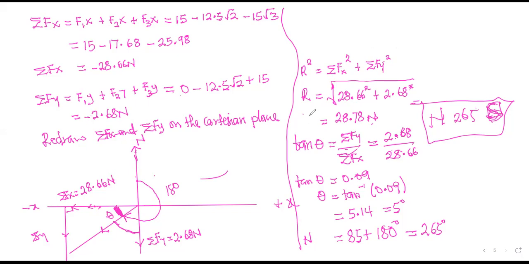From the north, bearing, once it's 265, it means you must measure from the north. Don't forget, in bearings, angular measurement is taken from the north. So when you talk about 265, then you must measure from the north. 5, you must measure from the west. Are you okay?